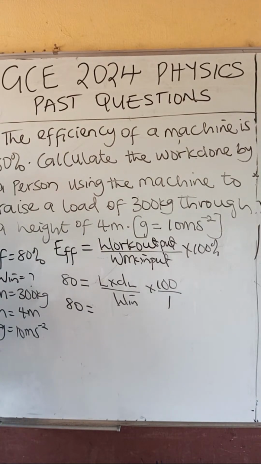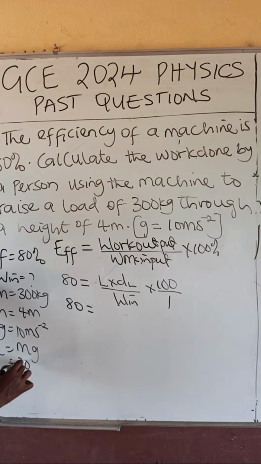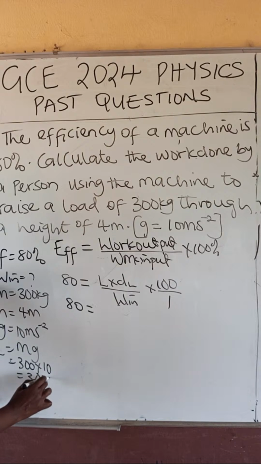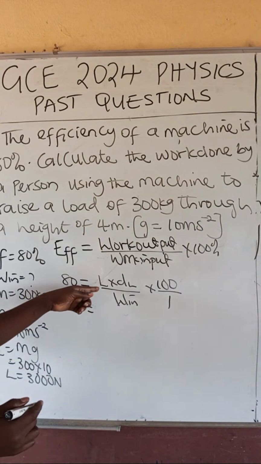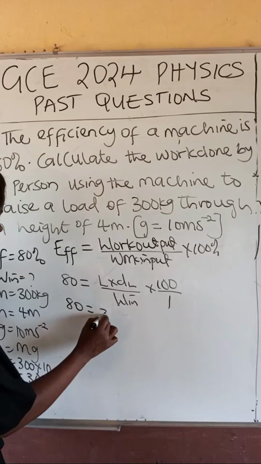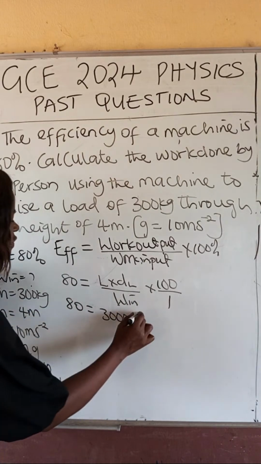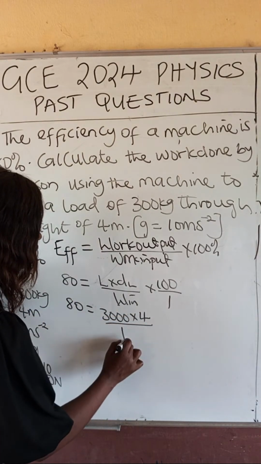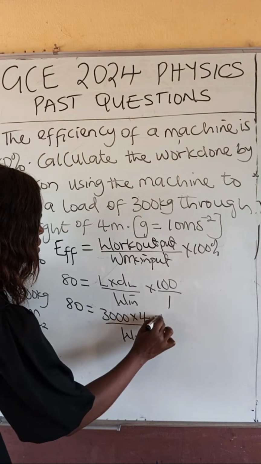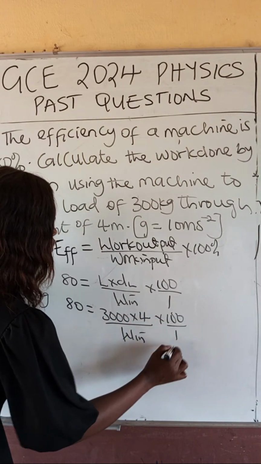Load is a force, right? And they gave us the mass of the load. Now for us to get the load is what? Mg. That is the mass of 300 multiplied by 10, which is going to give us 3000 Newton. That is the load, because the load is a force. So we say this is 3000 multiplied by distance moved by load, which is 4, divided by work input multiplied by 100 over 1.